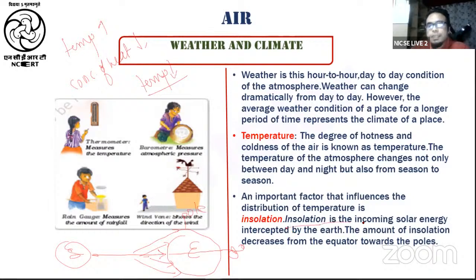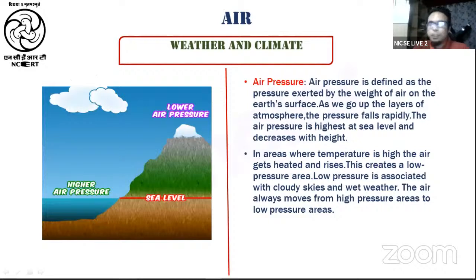So insolation is nothing but the incoming solar energy which is intercepted by the earth, and the amount of insolation decreases from the equator towards the pole. And that is the reason why as we move from the equator towards the poles, your temperature starts to decrease, right? So this is about your insolation.